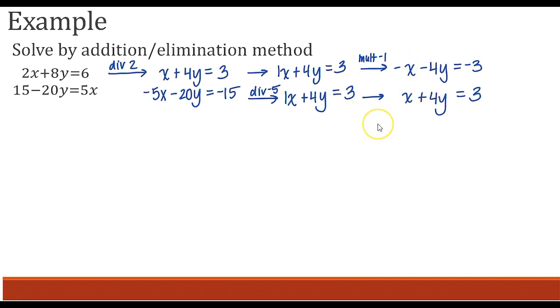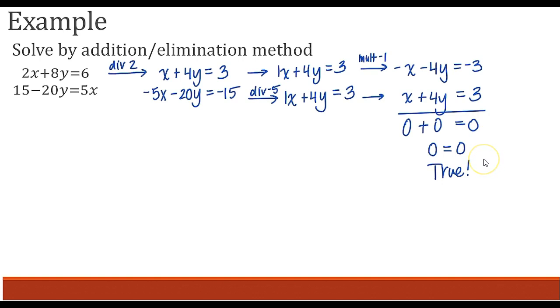And so now when we attempt to add these two equations together, we end up with, well, negative x plus x. On purpose, we were aiming to make that a 0, so that term is gone. But negative 4y plus 4y, well, that's 0 too, so we have 0 plus 0 is equal to negative 3 plus 3 is 0. So we ended up with a true statement.